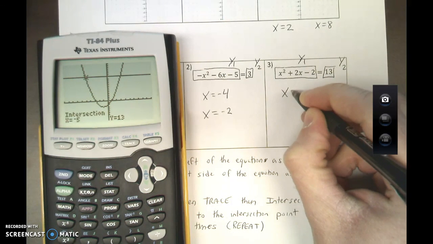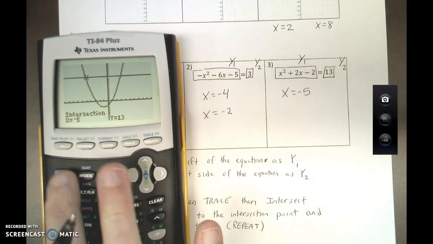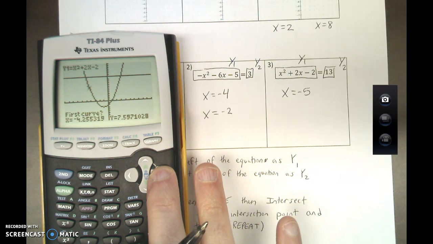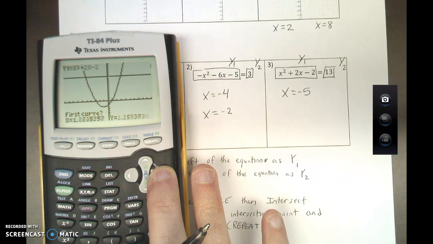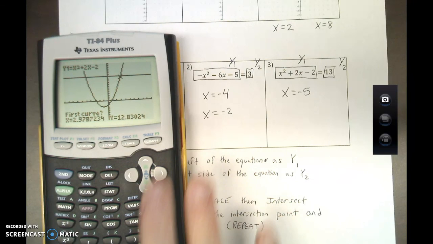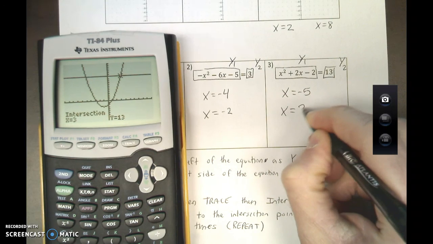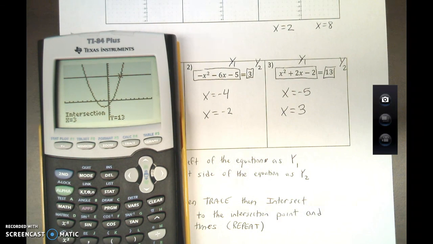So x equals -5, or second, trace, intersect, moving it over, enter, enter, enter, x equals 3. So sometimes you might have to play with your calculator to make the screen show you the appropriate graph.